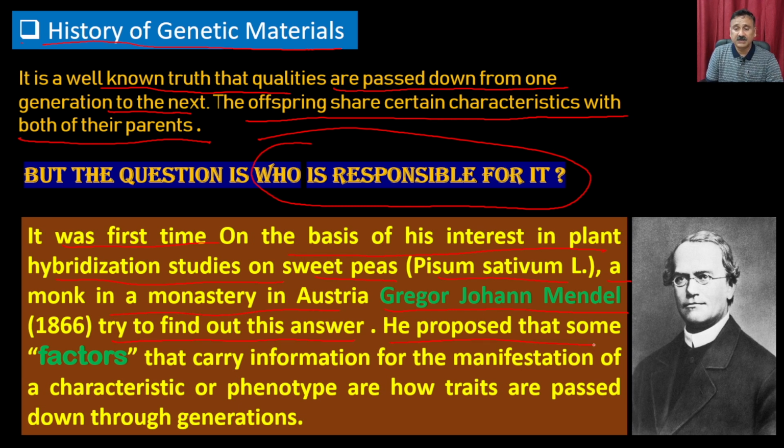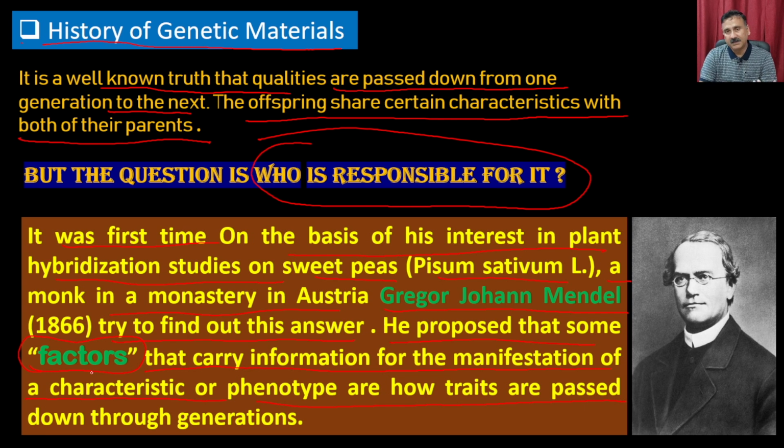He proposed that there are some factors. When Gregor John Mendel was doing the experiment, there was no technology or technique available to say DNA, RNA or protein, but he said that there are factors, and he used the term factors, that carry the information on the manifestation of a characteristic or phenotype, and how the traits are passed from one generation to another.